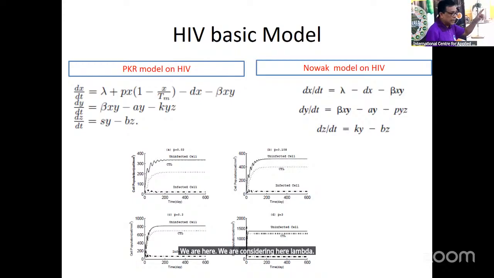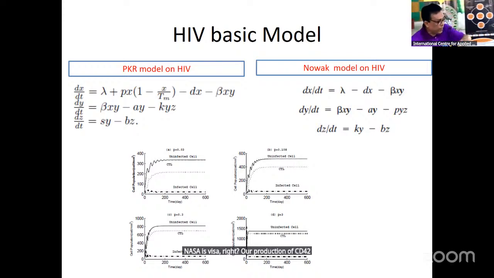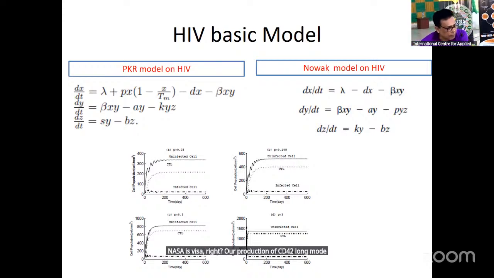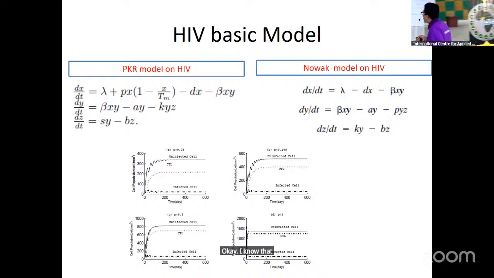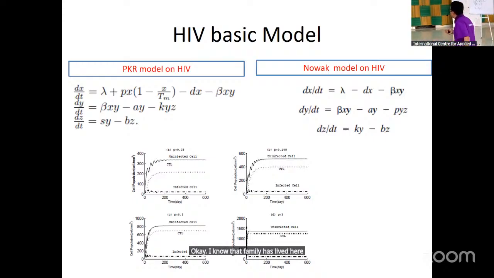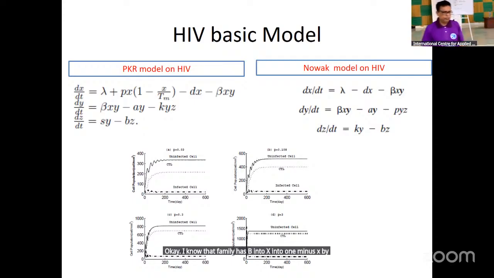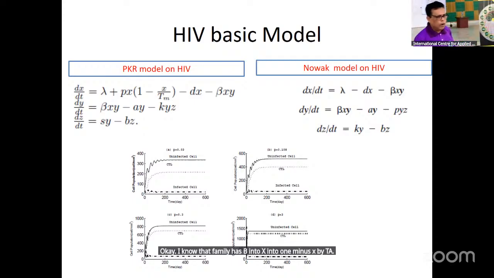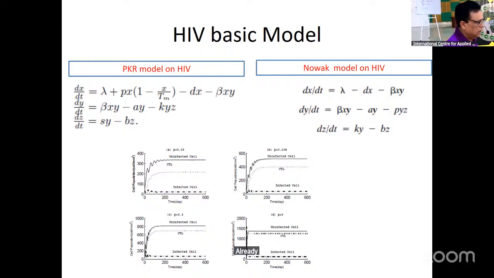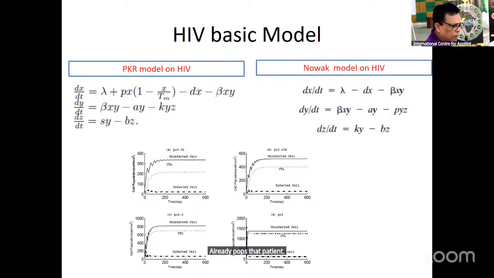Lambda is the rate of production of CD4 T cells from bone marrow, which mature in the thymus and circulate through the immune system. Another term we have used here is p X (1 minus X by T_max), which the Lotka-Volterra model has already mentioned.